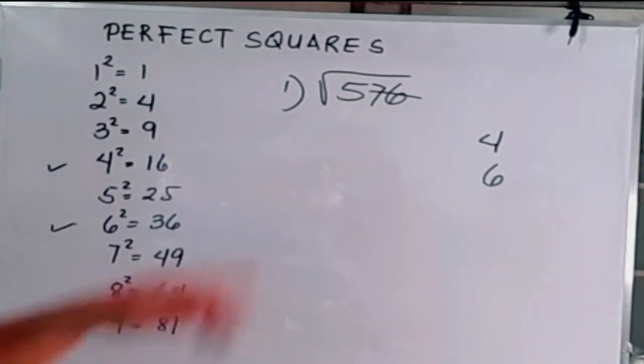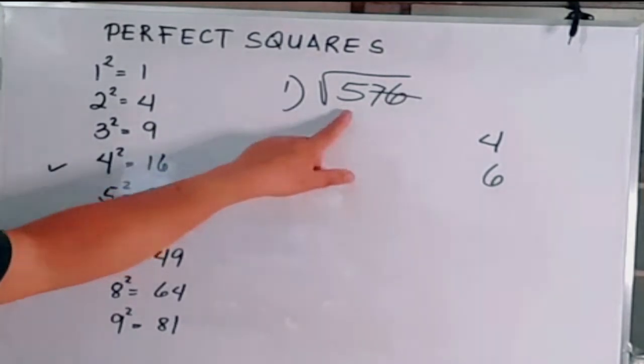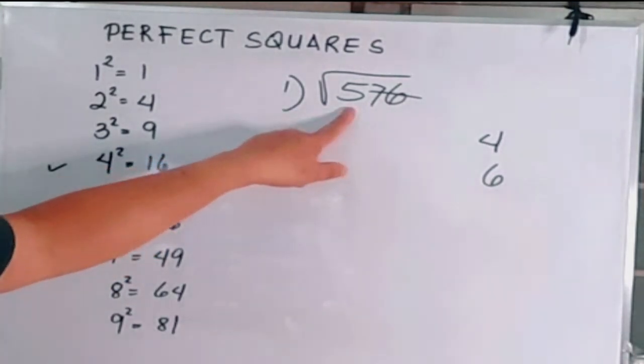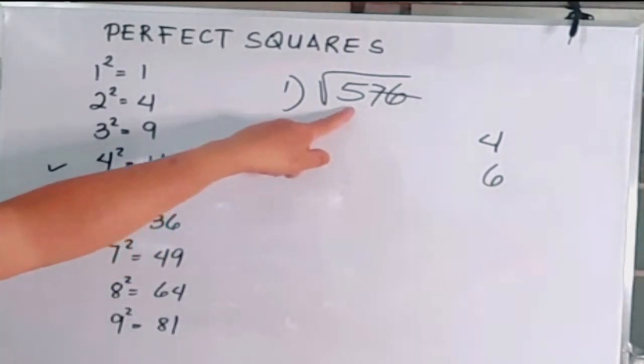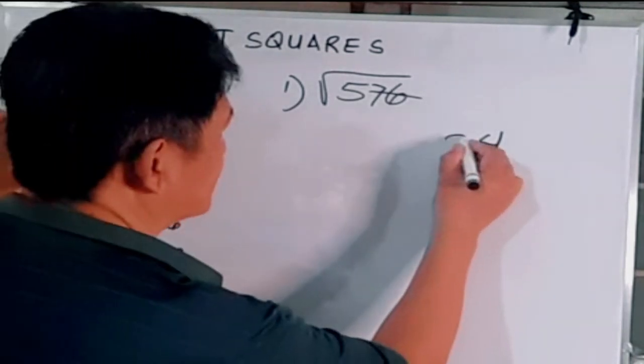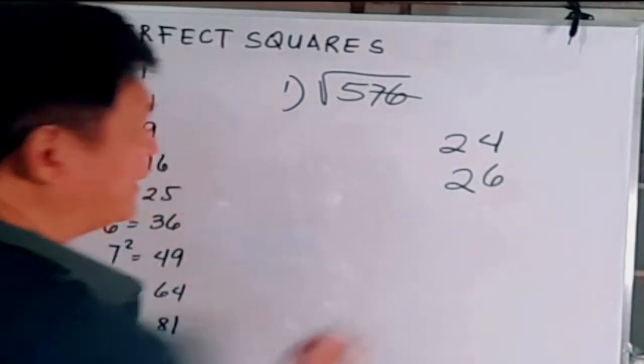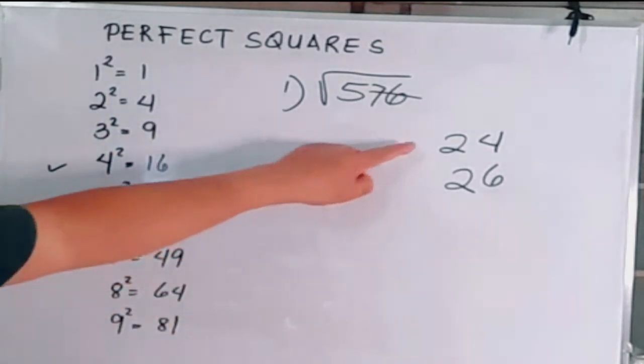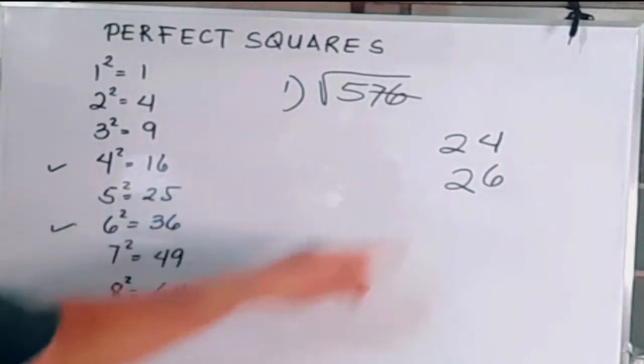I repeat, to find your first digit, find the perfect square lesser than 5, which is 4, and that is 2 squared. That means your first digit is 2. Now, your answer is either 24 or 26.